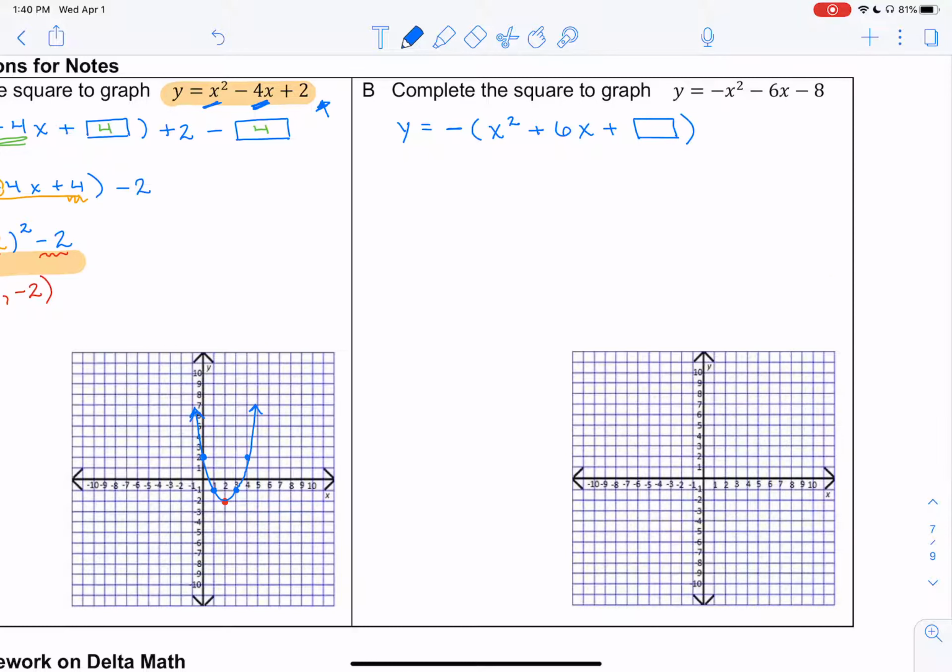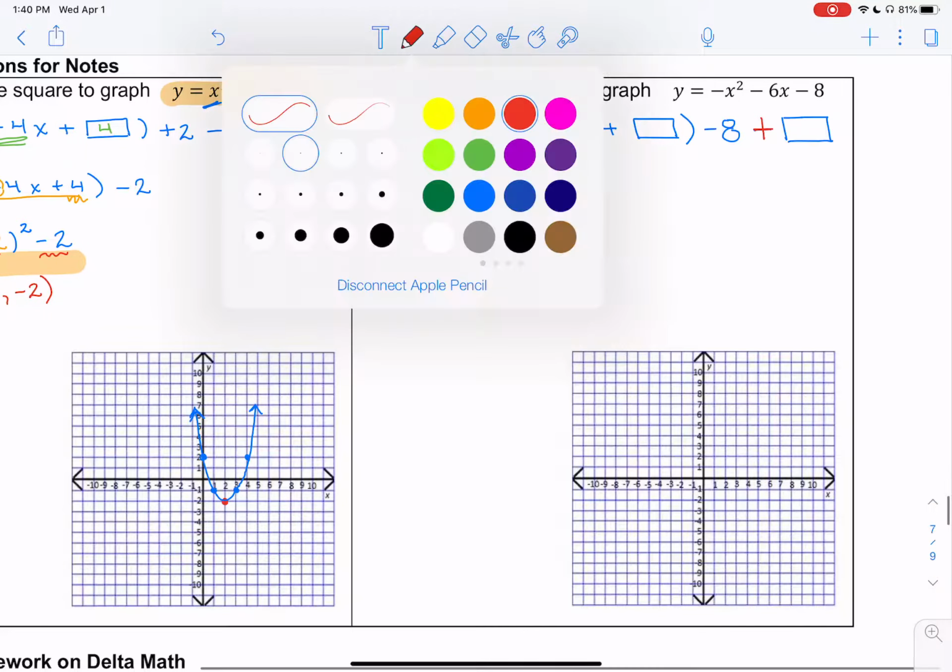And last time, we learned to just subtract that box outside. However, because this has a negative out front, this is going to become a plus in order to cancel it, because that first box is really being subtracted if you distribute the negative. My second box has to add in order to cancel it.